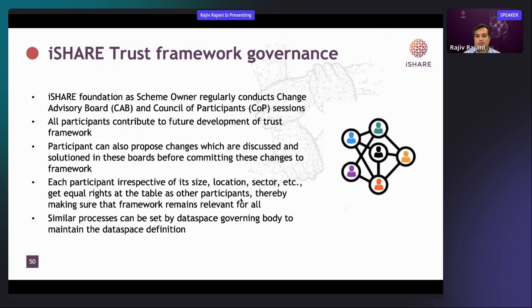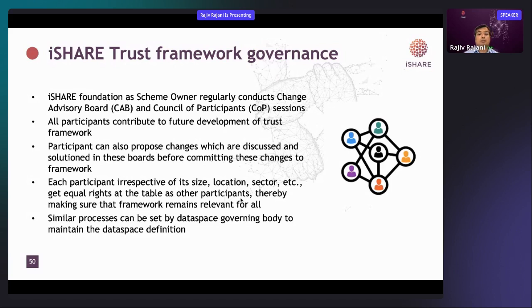So when there is a change request, we discuss the change and all the elements related to that change before adopting it in the framework, with a proper solution designed keeping in mind the principles of the iShare framework, making sure that it remains generic and neutral and does not favor one participant over other participants. The council of participants, of course, learns about this and also provides strategic input in terms of how the future of the framework should look.